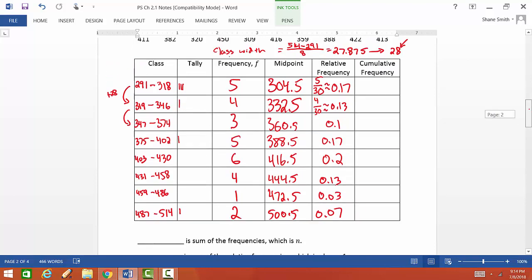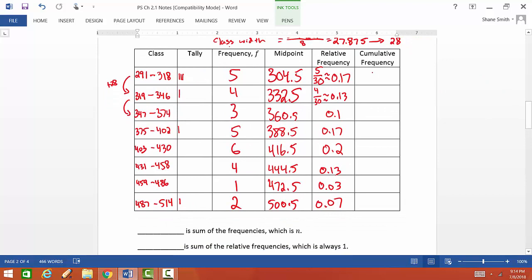Last is cumulative frequency. For cumulative frequency, you start with the frequency of the first class, which is 5, and it's a running total. So the cumulative frequency of the second class is the sum of that class frequency and all the classes before it. So 5 plus 4 is 9. Plus 3 is 12. Plus 5 is 17. Plus 6 is 23.